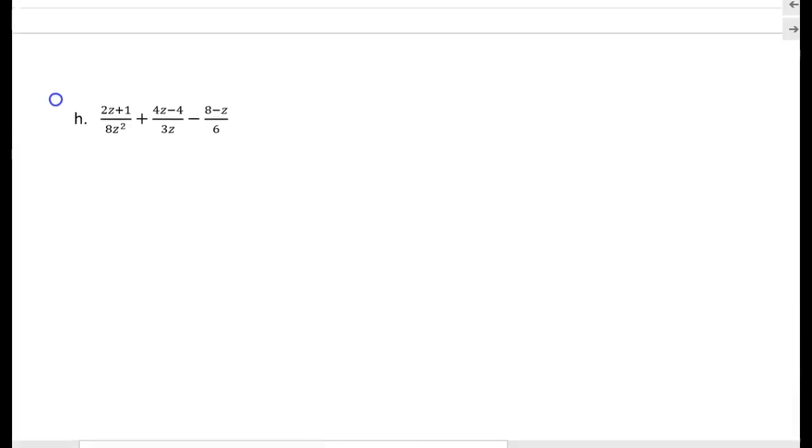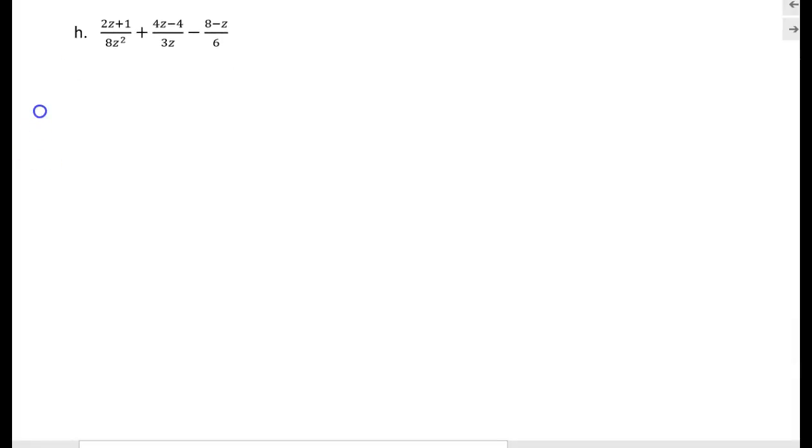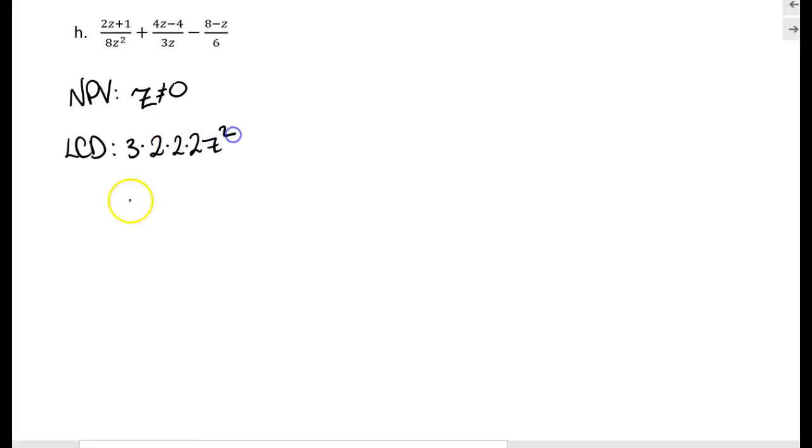Okay, last example, still the same principles. So my non-permissible value is that z cannot be 0. My lowest common denominator needs to include 3, needs to include a 2 from the 6, and then 2 more 2's from 8, and then z squared.